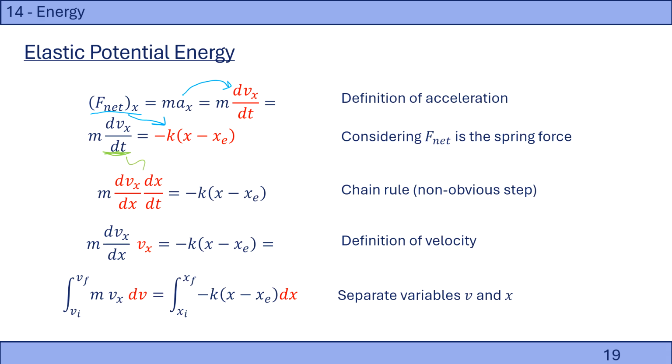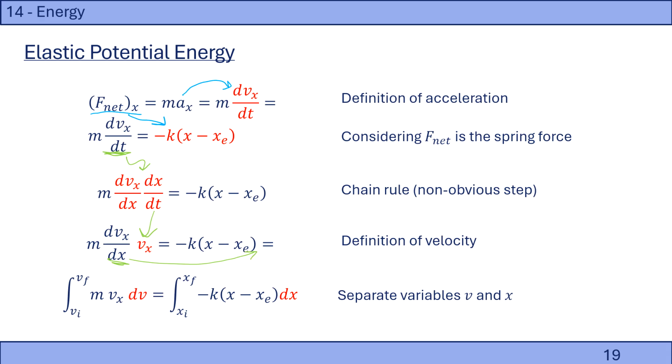And so this is the chain rule being activated where we don't really have a function v of x, but we're doing it generically. Well, dx dt, that's just the velocity, right? dx dt is just the velocity, so we can replace dx dt with vx. And now we can separate our variables and do some integration from the initial to the final state, right? We'll get this dx and move it over here.